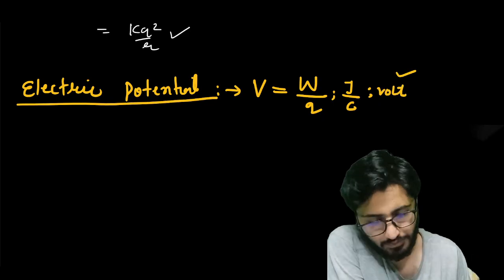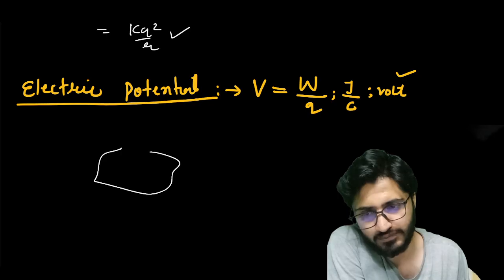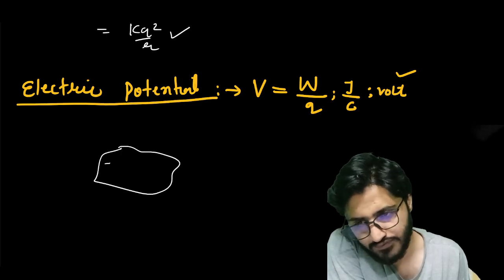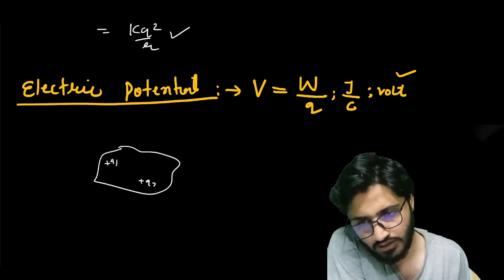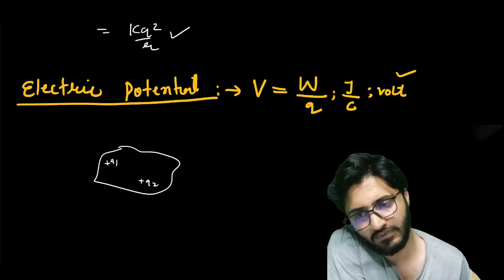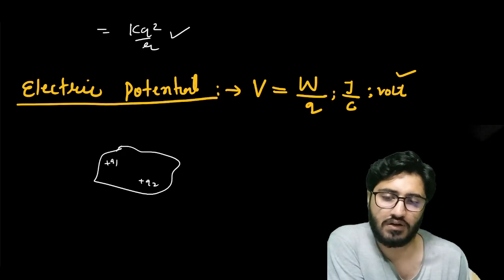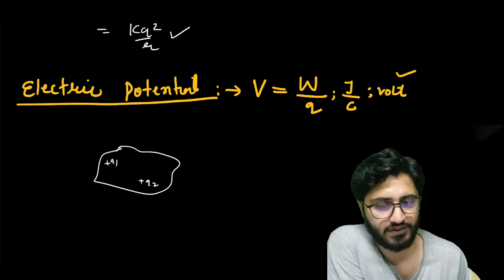What does it mean? Look better. Suppose this is my space. In the space, we have charged particles Q1, Q2. That means within this white boundary figure, we have an electric field inside it.